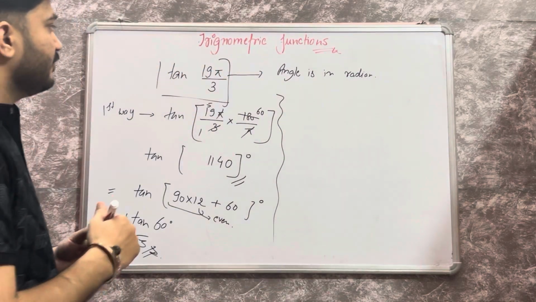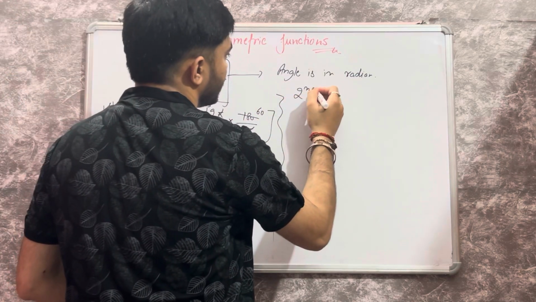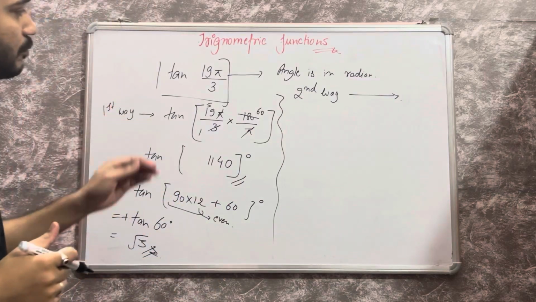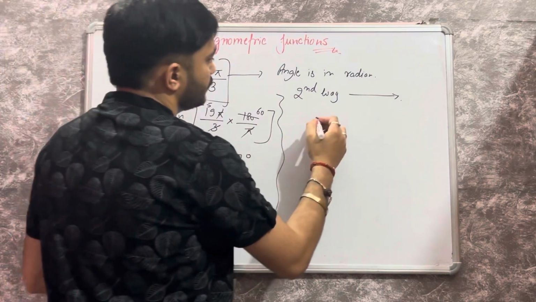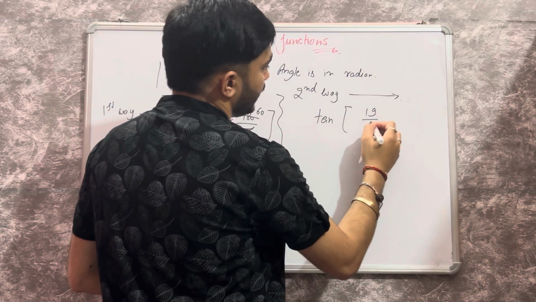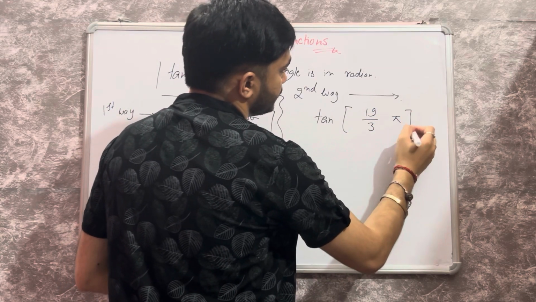And what is the second way? Let us look. Tan 19 by 3 pi.